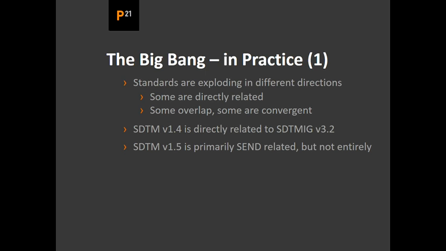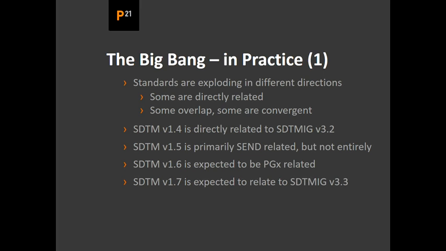There are a few things in there that support some of the tags. SDTM 1.6 is expected later this summer, early fall, to support the pharmacogenomics associated document, I would call it. And then we believe SDTM 1.7 would be supporting the next version of the implementation guide 3.3.